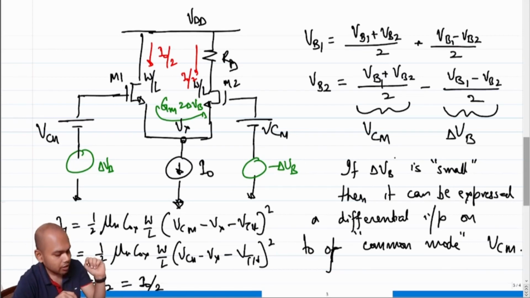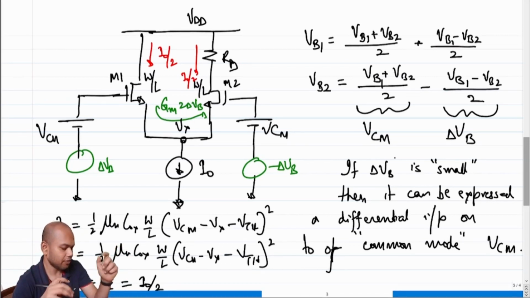Right? So since we have a mechanism of dealing with difference voltages, even if the difference is in the bias, what we will do going forward is assume that both the transistors are biased with identical bias voltages.